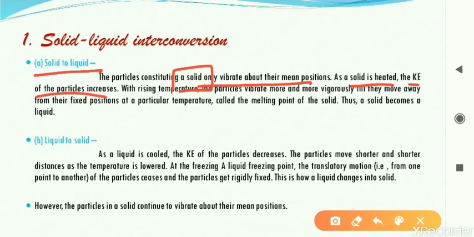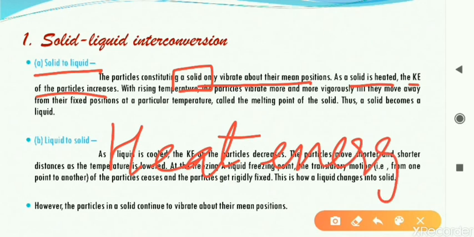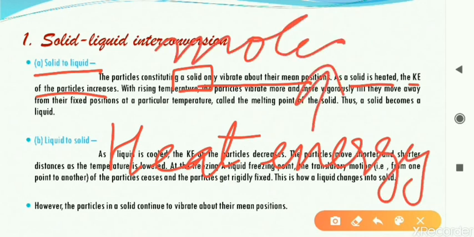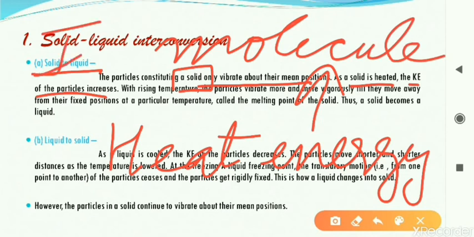Why are they vibrating faster? The reason is that heating is actually a kind of energy, and that energy is given to the molecules of the ice, or we can say the solid molecules. So the solid molecules are getting heat energy.